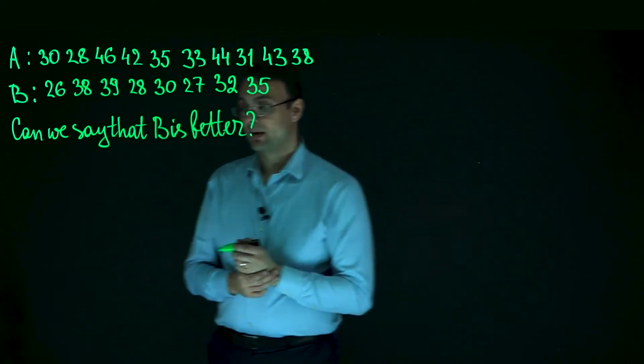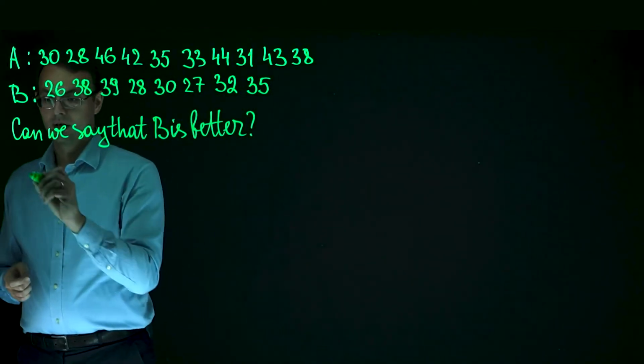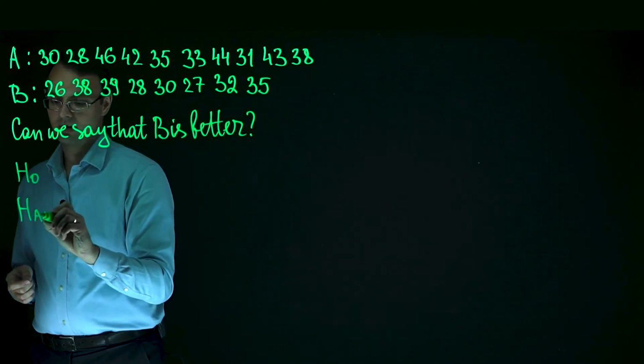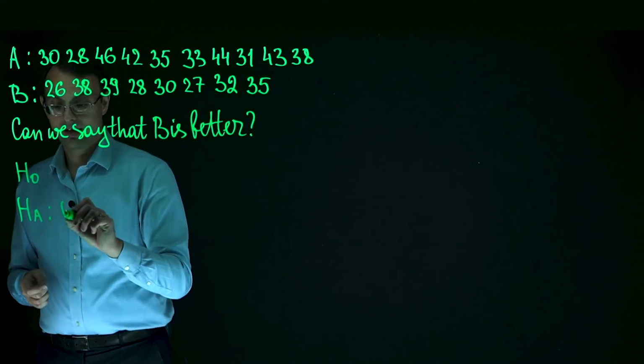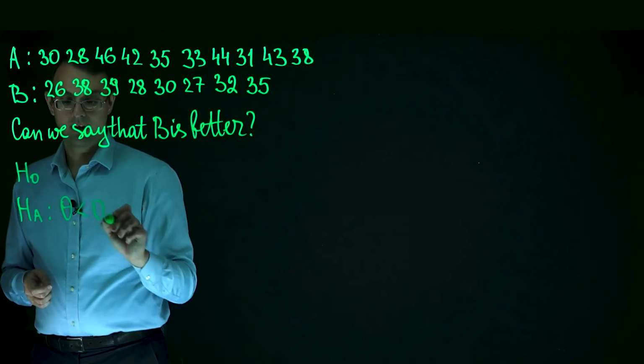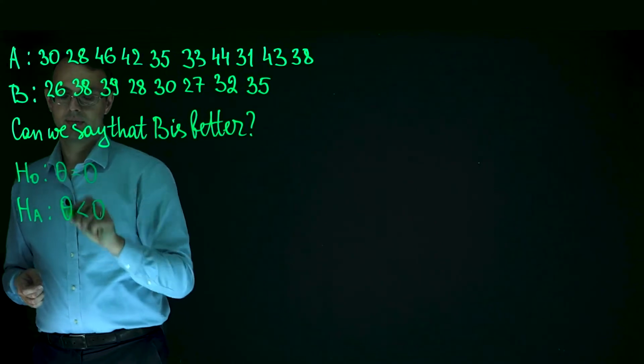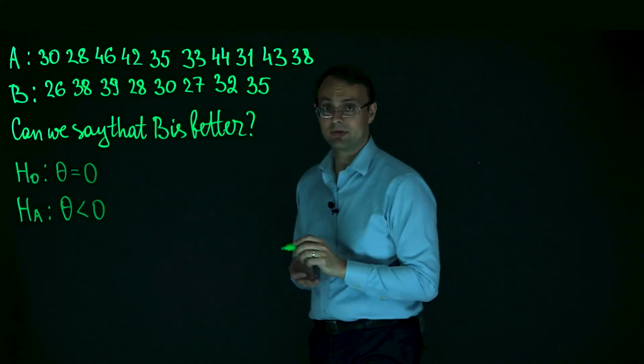So that is why we also can adopt it as an alternative one. And the null hypothesis is always the same in this type of problems, theta equal to 0.